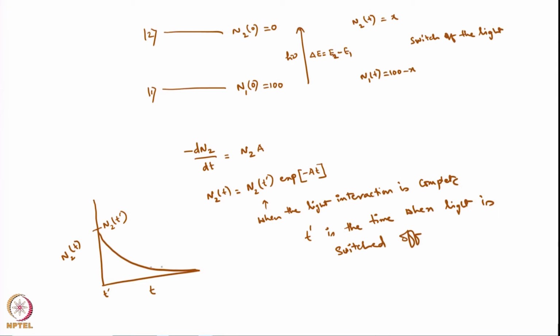This is the first order equation, so your rate constant will be A. If A is the rate constant, 1 by A is called the lifetime.